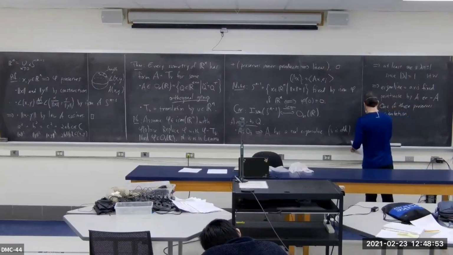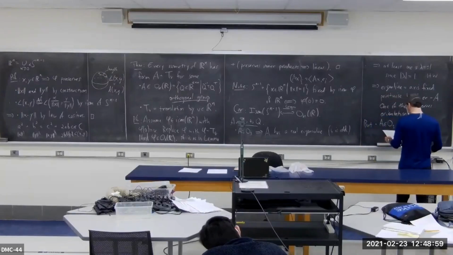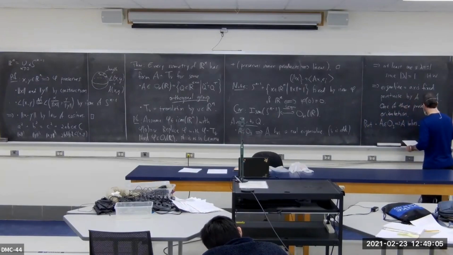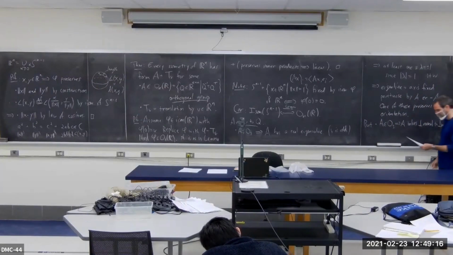Okay, but A is an orthogonal matrix of size 3. This implies that A takes an orthonormal basis to an orthonormal basis. It preserves orthonormality, right? I suppose I can write it that way.